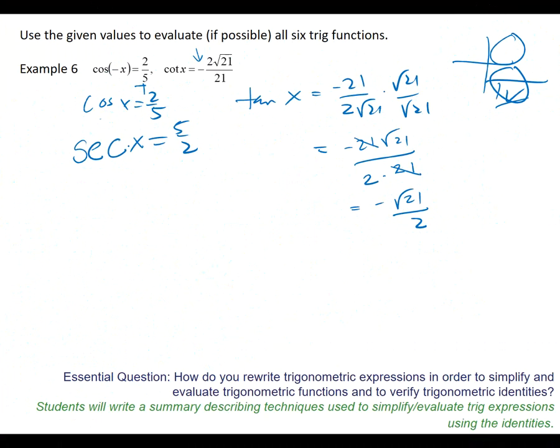I'm not going to use the Pythagoreans to find my tangent, or to find the missing sine. I'm going to go for the tangent one. So I'm going to show you how to use this one backwards. Again, you could use your Pythagoreans, it's going to work. So tangent equals sine divided by cosine.